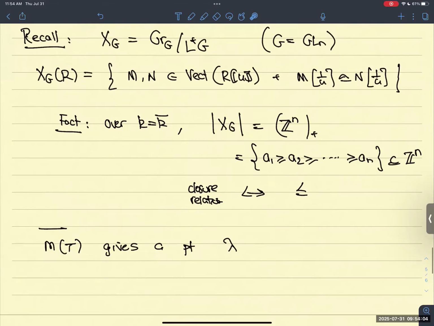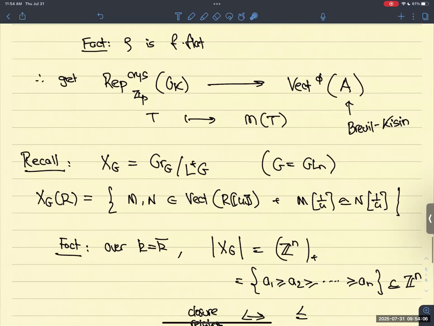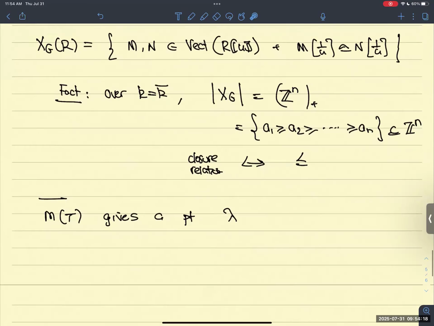So this M of t, it's an object over here. It's a vector bundle over A together with an isomorphism between the Frobenius pullback of that bundle and itself after inverting this divisor, corresponding to the Hodge-Tate ideal.